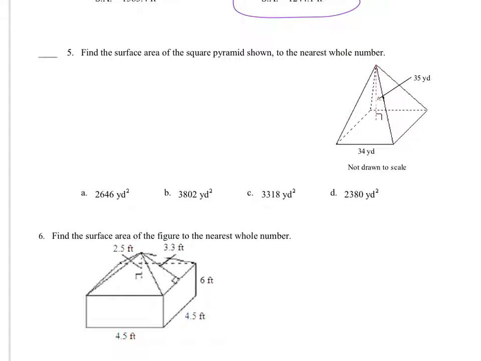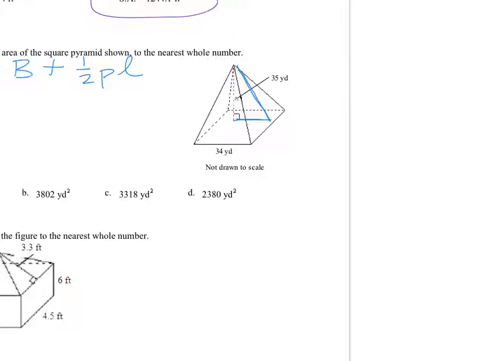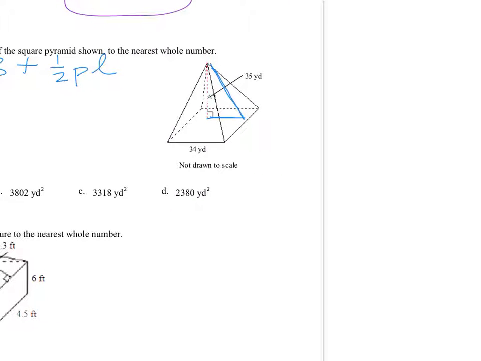Surface area of a pyramid. Same thing as before. Surface area. Area of the base, but now it's a pyramid, not a cone. So it would be 1/2 times my perimeter times my slant height. I notice here I do not have my slant height. Golly gee. Here's my right angle. So my height is 35. So I'm actually going to go move this over a little bit. Figure this out first.